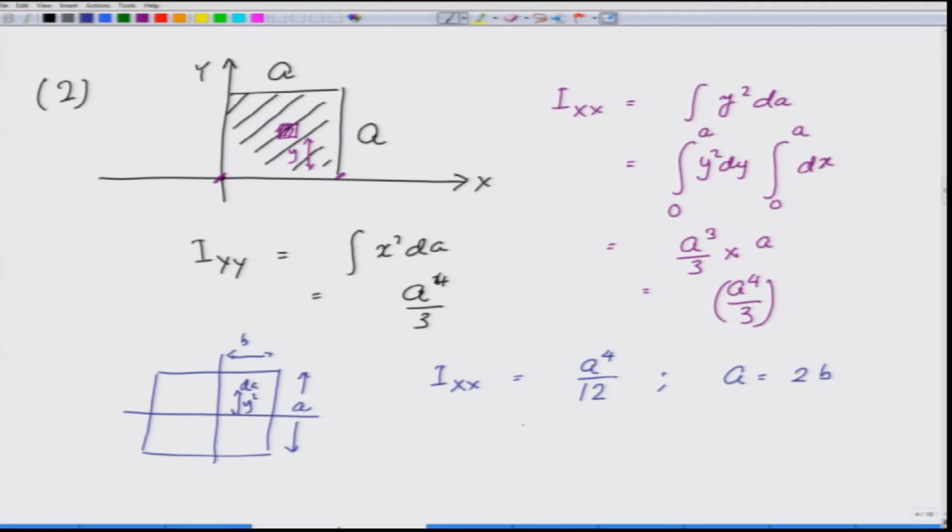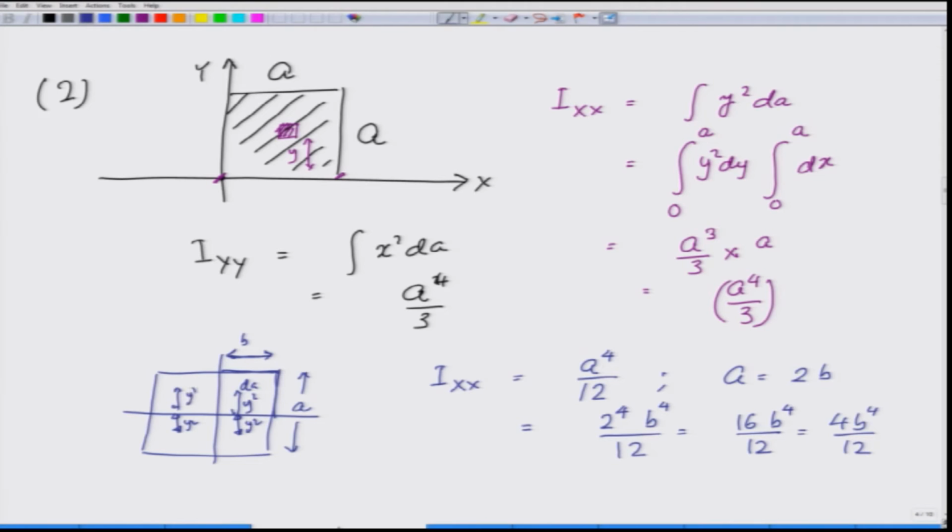So this I can also write as 2 raised to 4 times b raised to 4 over 12, which is equal to 16 b raised to 4 over 12. Right. So if the half side is b, I get 16 b raised to 4 over 12 as the second moment of area. But notice y square is same for all these 4 areas.